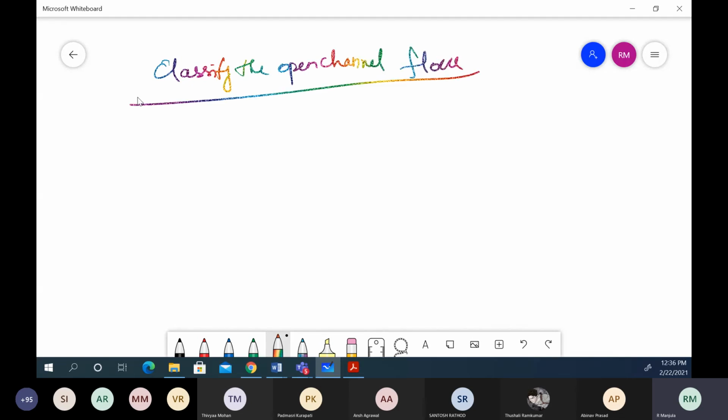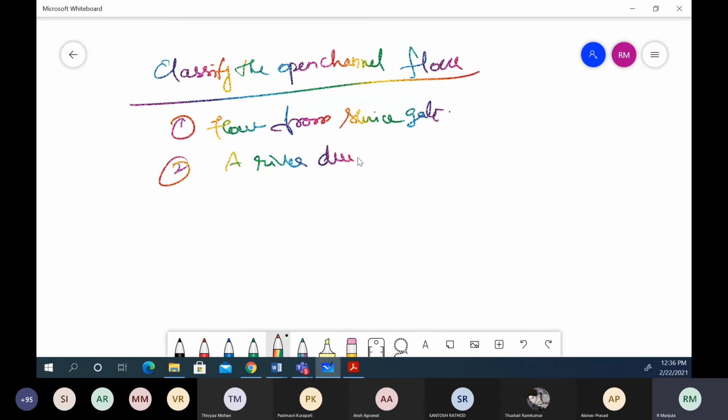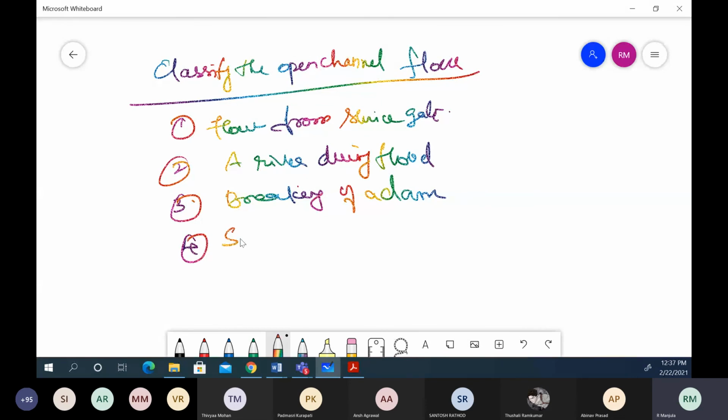Okay, what are the situations? Flow from sluice gate, a river during flood, breaking of a dam, sudden opening of sluice gate, flow in a sewer.